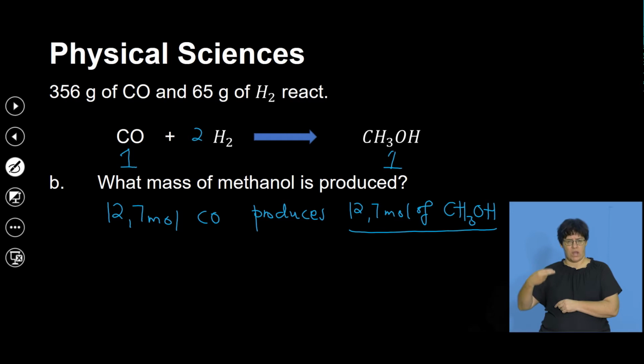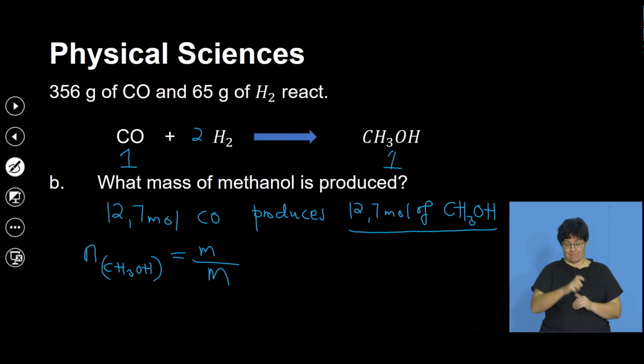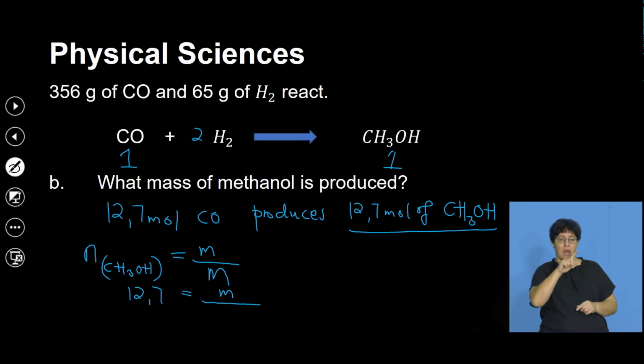We know that the number of moles of CH3OH is equal to the mass that will be obtained over the molar mass of methanol. So the moles of methanol, 12.7, is equal to the mass that we want to find, over the molar mass of methanol, which from the periodic table is 12 plus 16, which is 28, plus 4, which is 32.